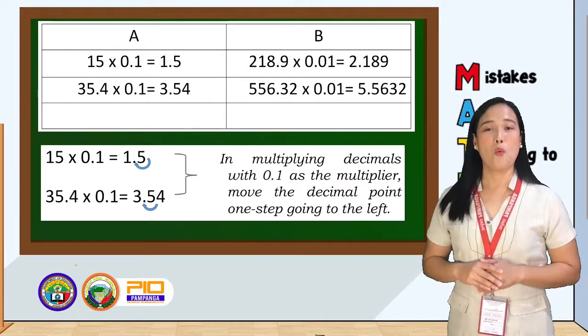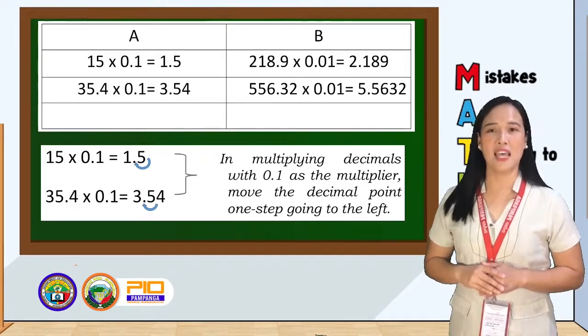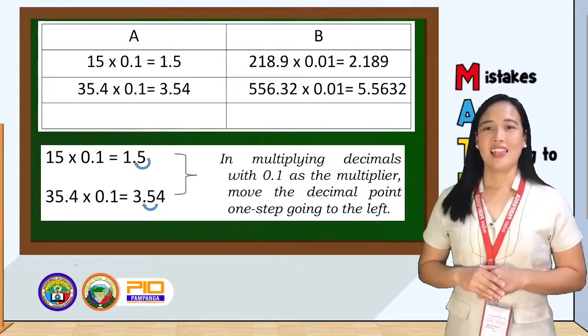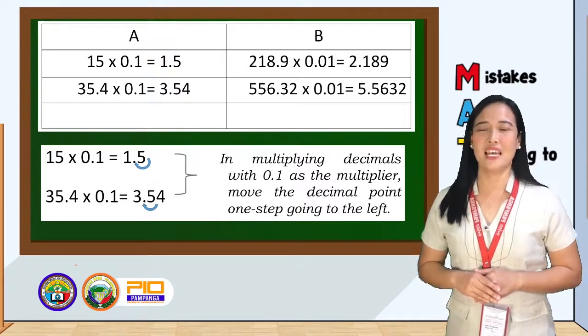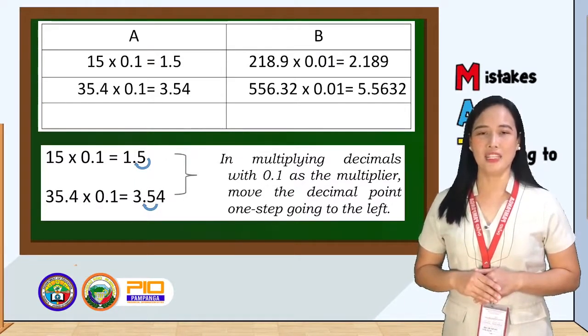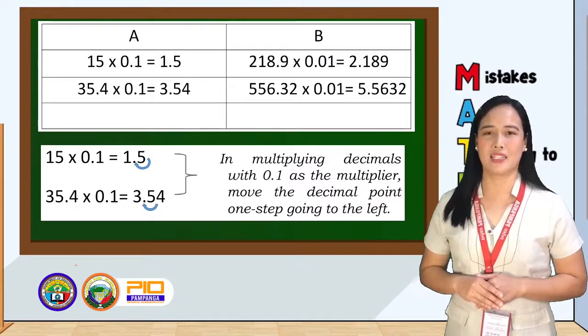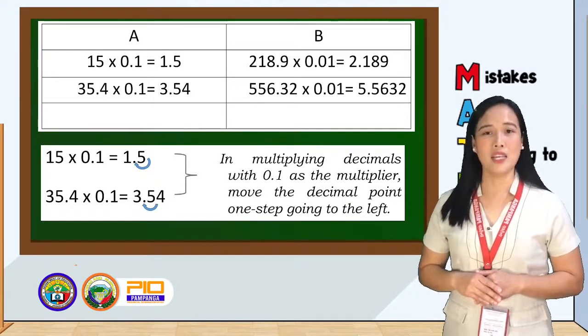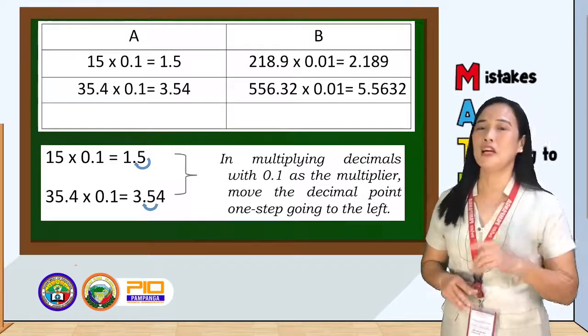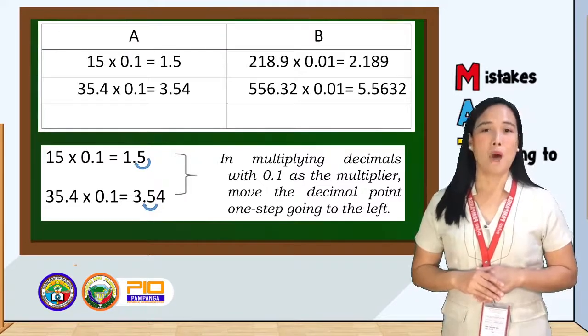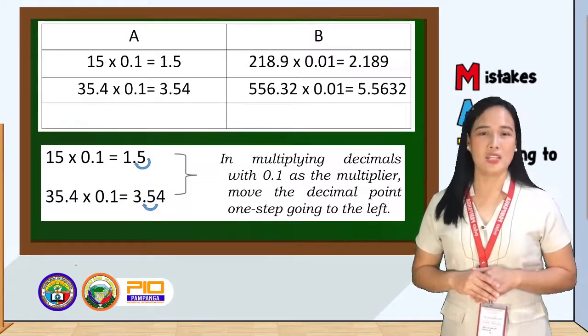The answer is 1 and 5 tenths. The second equation is 35 and 4 tenths times tenths is equal to 3 and 54 hundredths. As you can see, we simply move the decimal point one step going to the left.